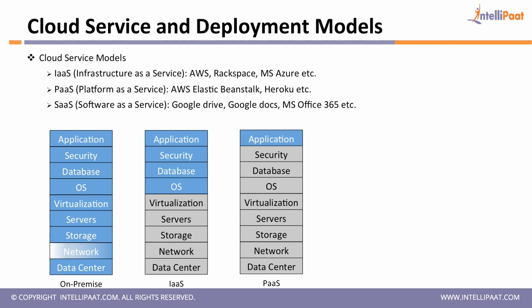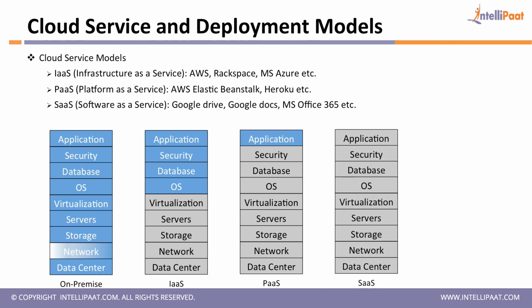If you use MS Office 365 and log in using your Microsoft account, your Excel, your Word doc, your PowerPoint, everything will be there, automatically installed somewhere in a Microsoft data center, and you just go ahead and use it. You don't even have to install the software. So that is software as a service. Everything is provided to you. Everything is controlled by the third-party vendor.